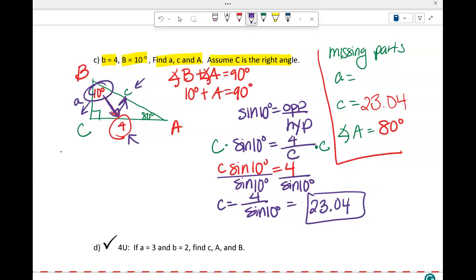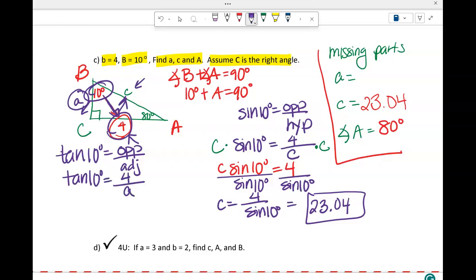You have adjacent and opposite, so we're going to use tangent. So tangent of 10 degrees equals opposite over adjacent. The opposite leg of 10 degrees is 4, your adjacent leg is A. We don't know what A is, we're trying to solve.